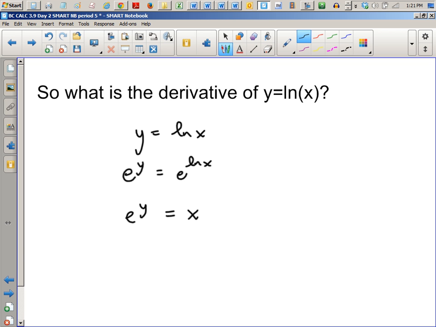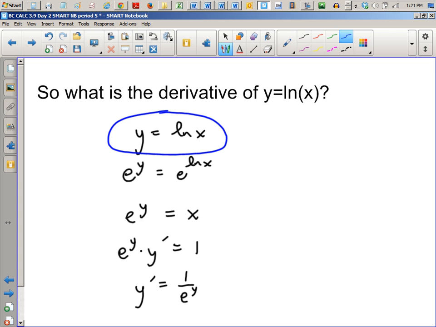So the derivative of e to the y is what? What's the derivative of e to the y? E to the y, y prime. And the derivative of x is simply 1. Okay. So I get y prime equals 1 over e to the y. But y is ln x, right? Originally they gave us y is ln x. So let's just change the y to an ln x.